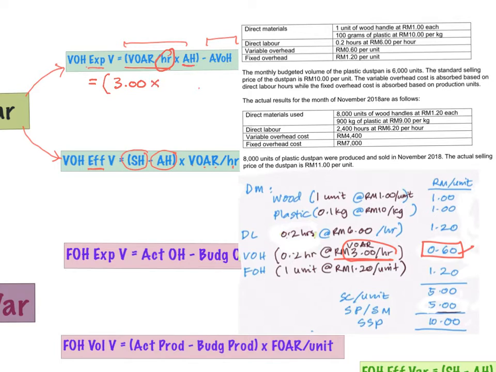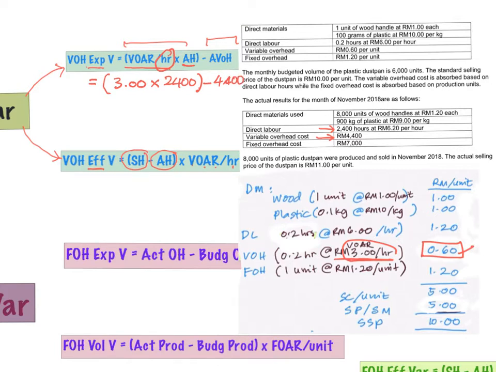Then you look at your question. Here it says that the actual hours worked is 2,400 hours. So you just take that and then minus the actual variable overhead cost. Here it gives you the amount of actual variable overhead cost, which is 4,400.